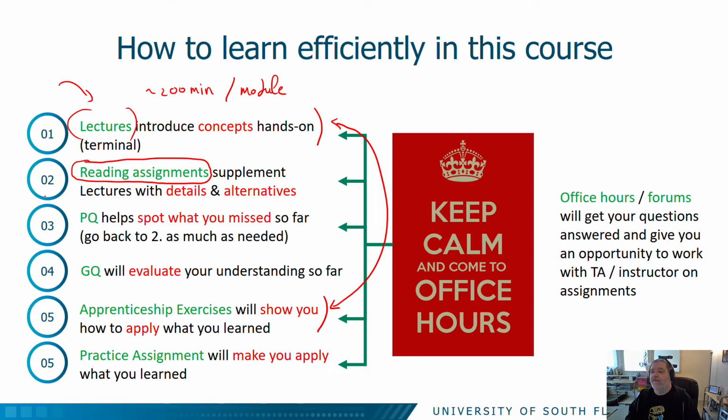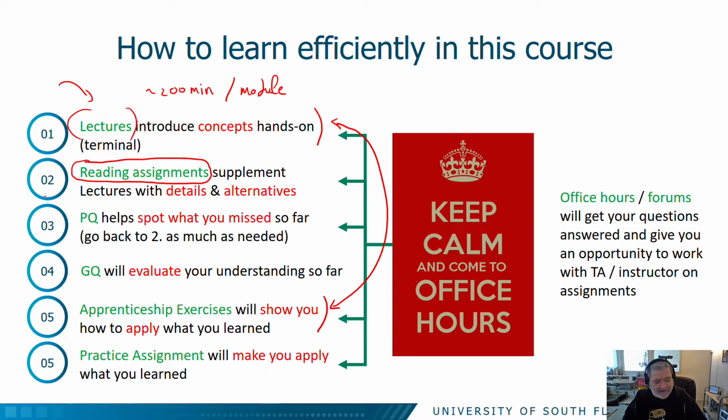So lecture and reading assignment are what we call passive learning. It's not called passive learning because you don't have anything to do, but because the information is distilled to you in one way or another, audiovisual or written, and you absorb knowledge like this. However, you need some active learning.